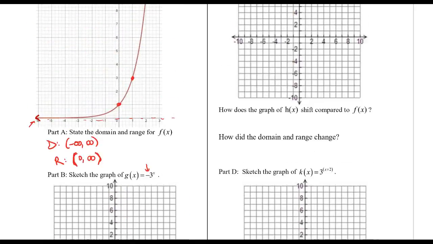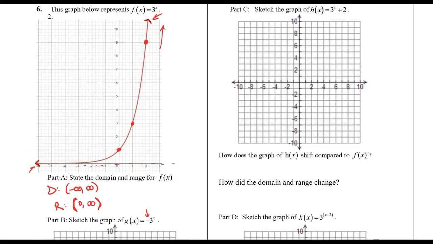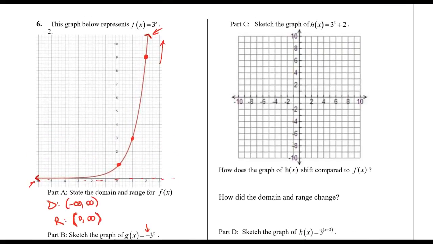Alright, moving along, part C, sketch the graph of h of x equals 3 to the x plus 2. So comparing it to the graph on the left, we have the same growth rate, but this plus 2 means that all my points are shifted up.